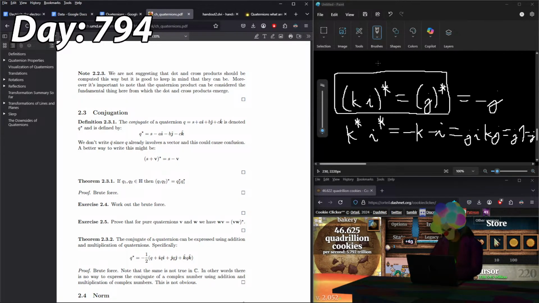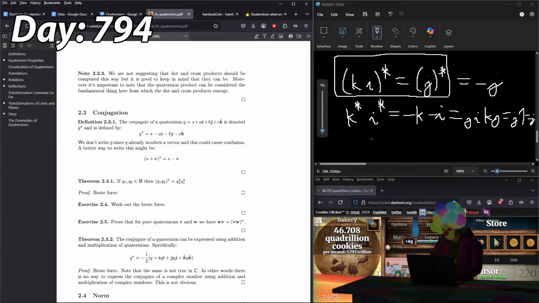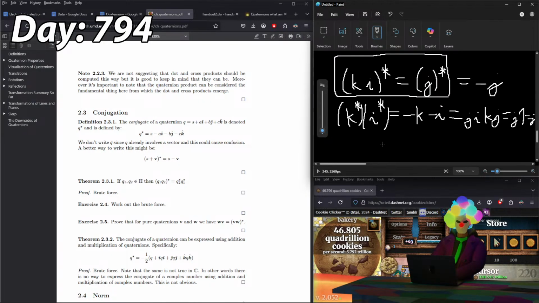Next, you wrote ki whose conjugate is equal to negative k negative i. No, what? It inverts, not makes negative. Yes, correct there. Everything non-real negative, yes, it inverts, not makes negative, that's true.